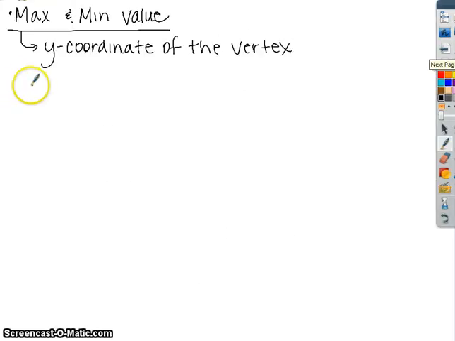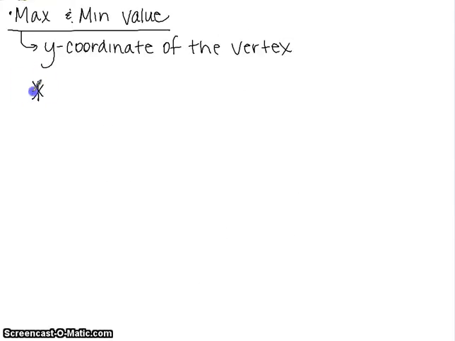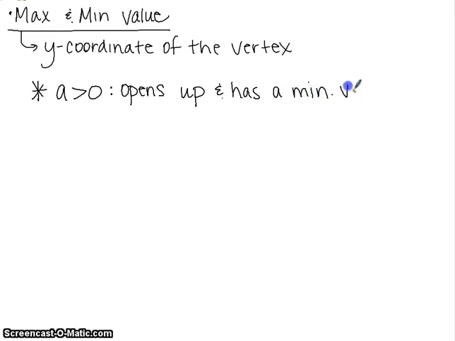Well, let's go back to this. First of all, if your a is greater than 0, in other words, your a is positive, remember the a is the term in front of the x squared, that means your parabola opens up and has a minimum value.